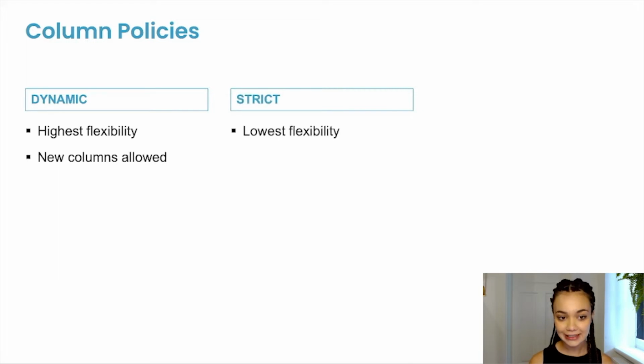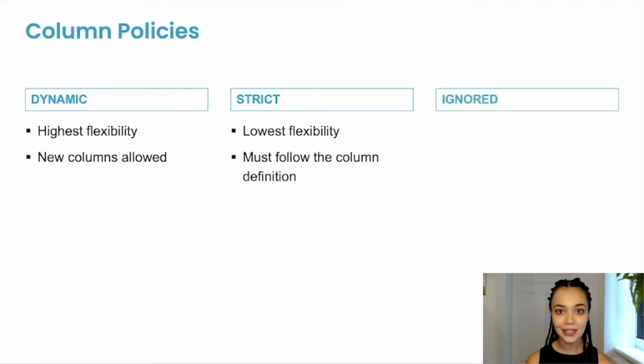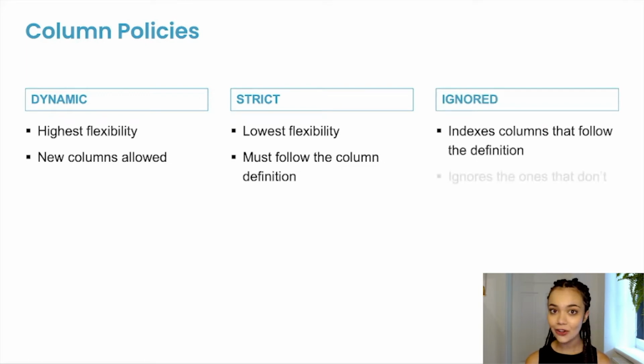CrateDB will only accept inserts that strictly obey that definition. Finally, the ignored policy will only index the subcolumn values that match the definition and will ignore the ones that don't. I use this policy when there is a subcolumn definition I want to keep, but inserts may have different subcolumns than previously defined, and those I want to ignore.